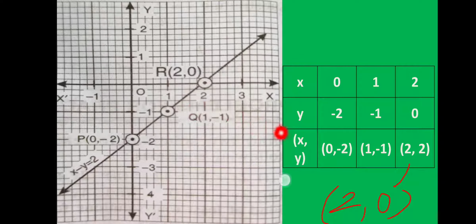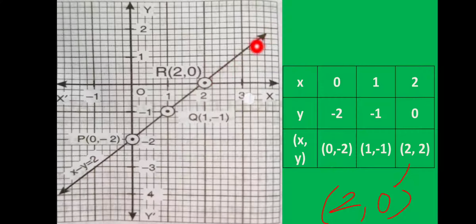For the third point it is 2 comma 0. Firstly we will find that 2 on the x-axis, that is here 1, 2. Along the y-axis it is 0, so that is on the same point. That is the point 2 comma 0, represented as R. Then we will join all the 3 points with a scale.